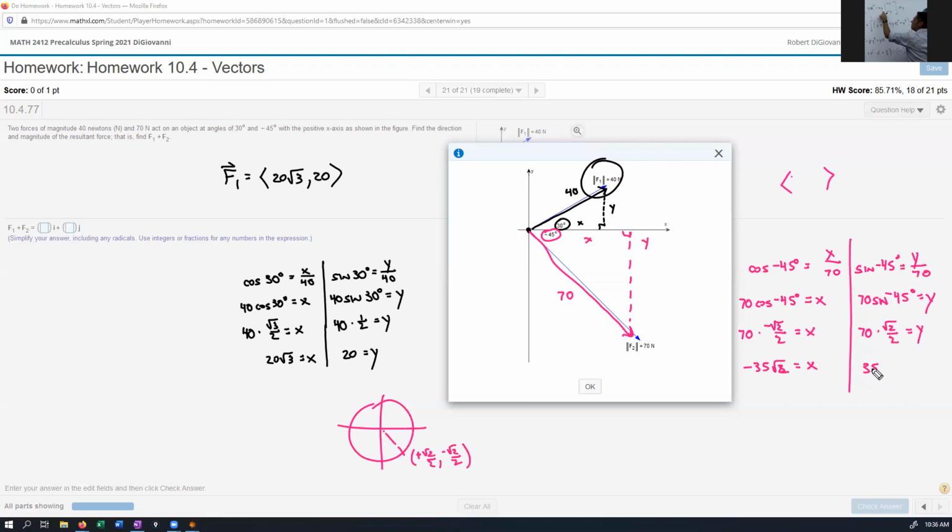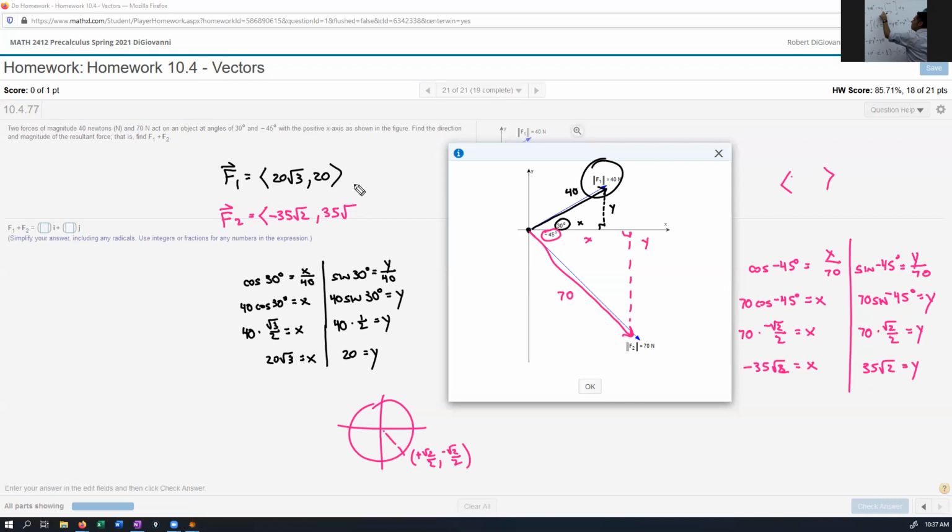And then over here, 35 root 2 is the y. Okay, so here's what I know, is that F2 is the vector negative 35 root 2, and the y coordinate is 35 root 2.